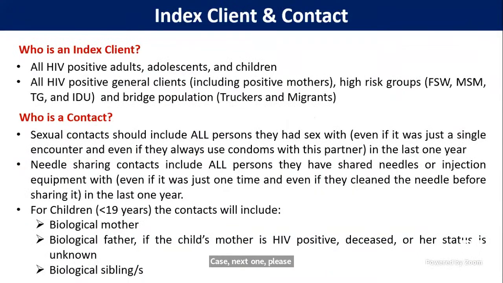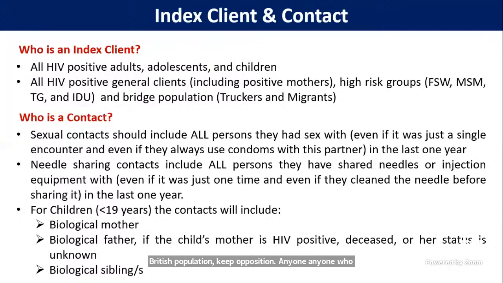So as we discussed, who can be the index case? It's an HIV positive person presenting at the ICTC or the ART center, wherever index testing is being offered. Basically, anyone who is HIV positive, whether adult, adolescent or child, from the general population, bridge population or key population, presenting at the center.